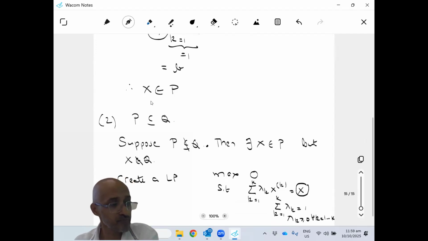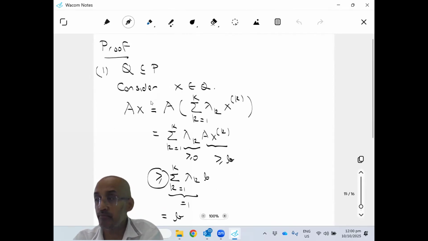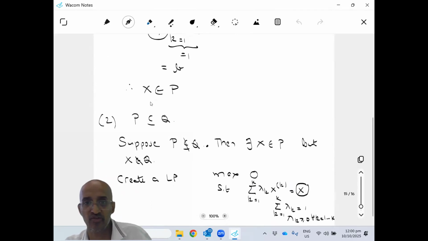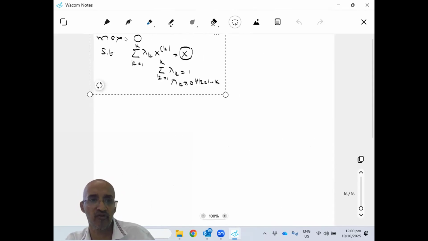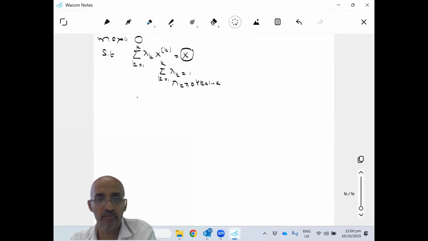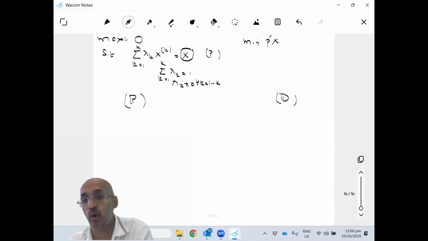Okay. So the dual of this LP, you can create a dual LP. Let me just take this LP to the next page. You'll see we are going to play a similar trick like Farkas lemma. So this is the primal LP. Let's call this P. So what's the dual form? Minimize P transpose X. There's a dual vector here, and there's one equality condition here, so there's a scalar here.